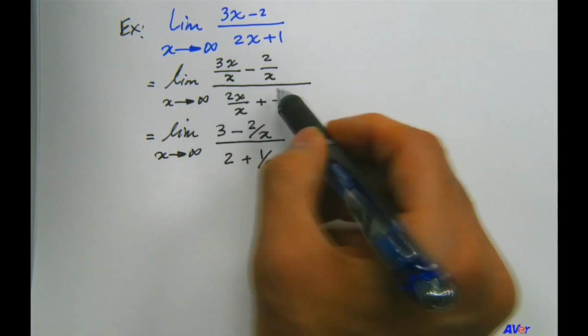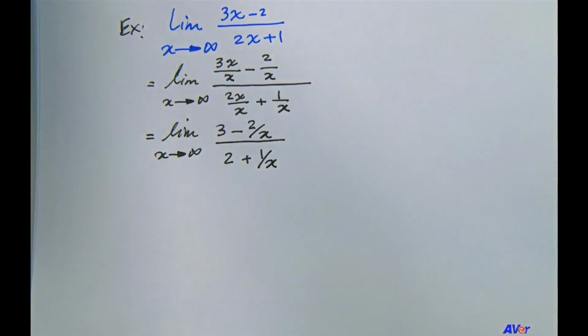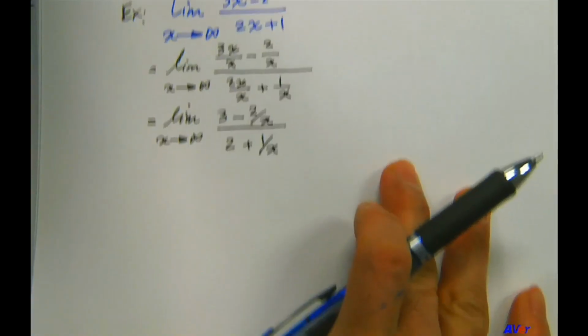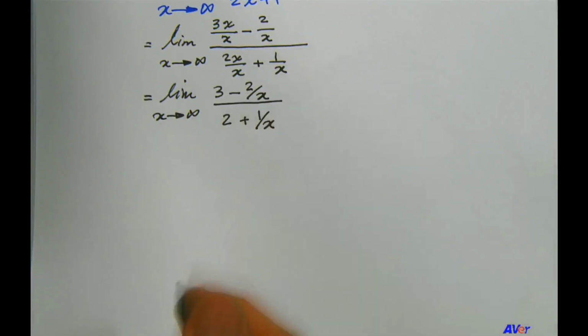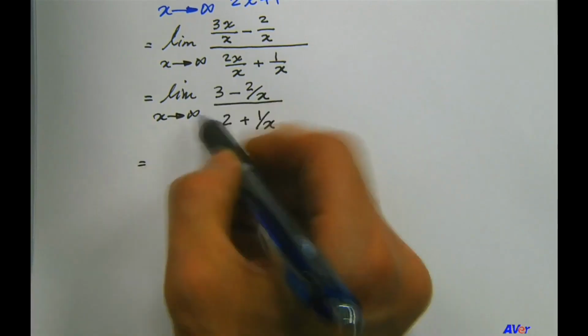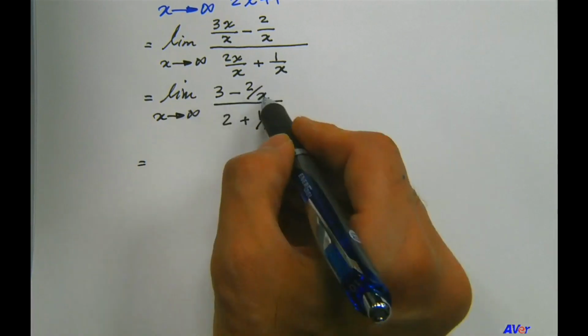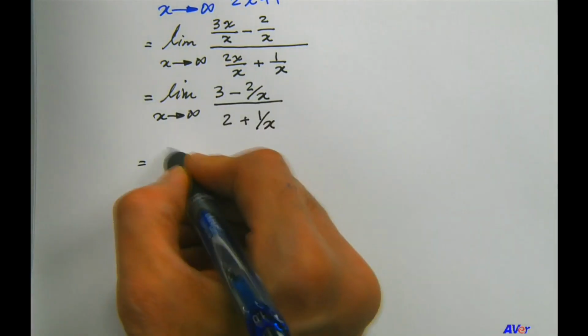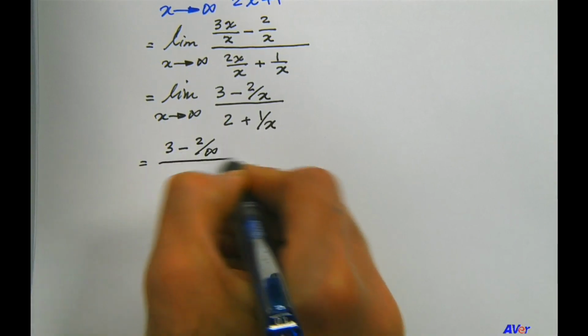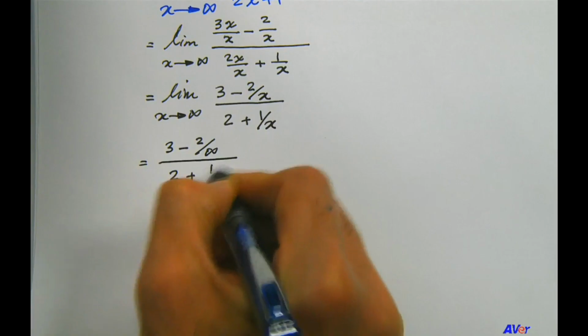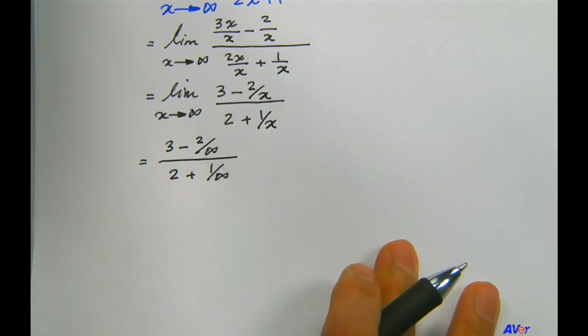So that fraction simplifies into that. Okay. Can we simplify this any further? No. So let's apply the limit now. When you do that, that means just substitute for x with infinity. So we get 3 minus 2 over infinity divided by 2 plus 1 over infinity.